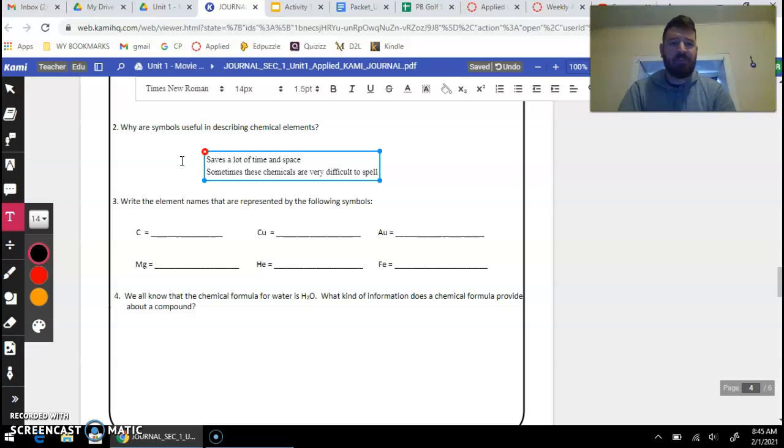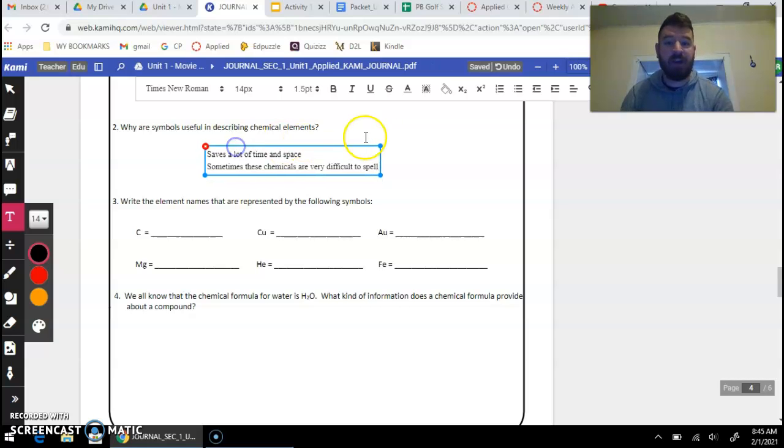And just think about the amount of time and space it would take to write paradichlorobenzene consistently over your paper throughout the day. So because we can shorten elements into symbols, we can come up with shorter formulas for our chemical compounds. If we have to write a chemical equation, it doesn't take up a full entire page.